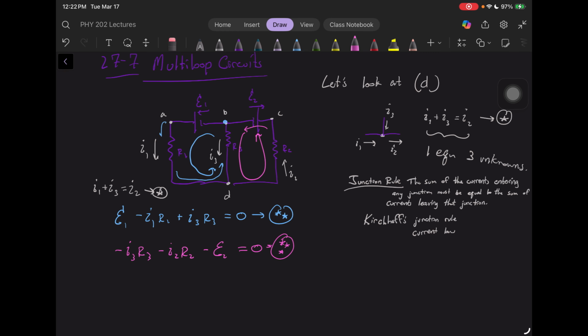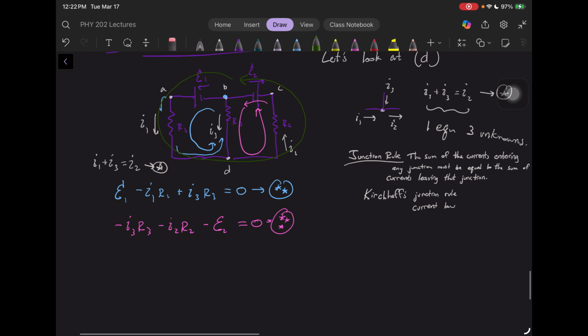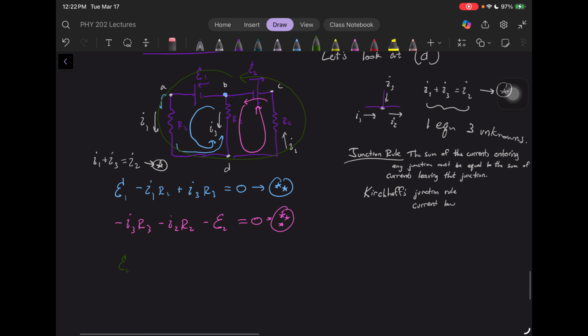And then if we want to get real fancy, we could go in one big loop around here, which we'll do, and then we'll see how that's kind of redundant. And so we have E1 minus I1 R1, and then we have minus I2 R2 because we're over here, and then minus E2 is equal to 0.